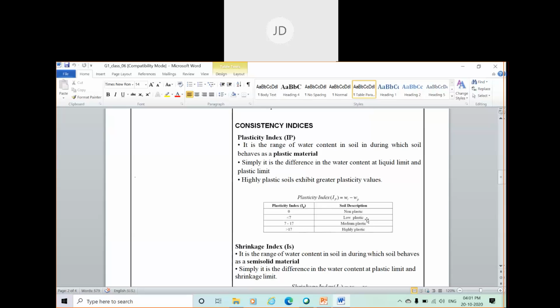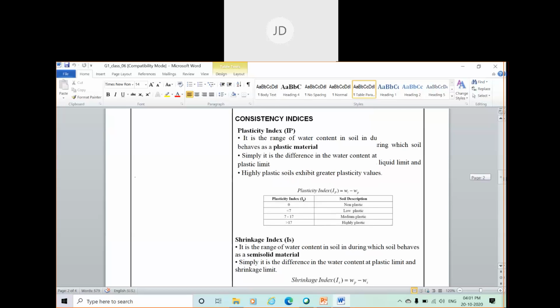So these ranges are very important. Try to remember this tabular form, that is the range of plasticity index. If plasticity index becomes zero, you can say it's non-plastic, because that means the soil doesn't have any plasticity. If it is more than 17, then you can say it is a highly plastic soil. Okay, fine. So there's a range.